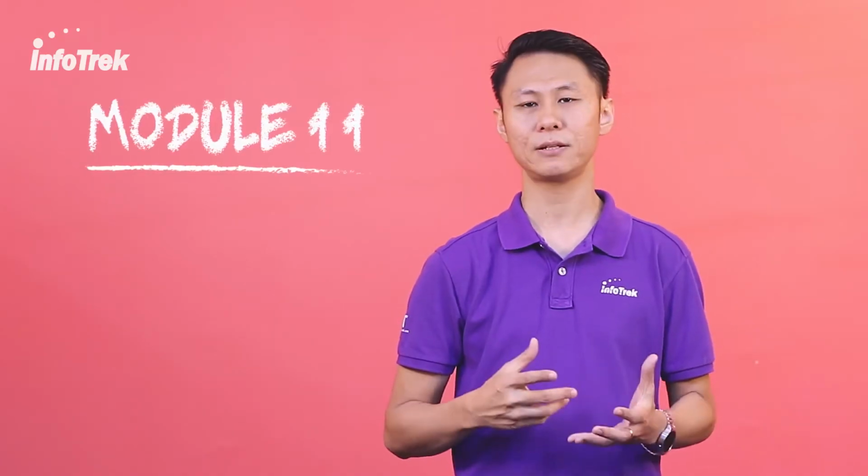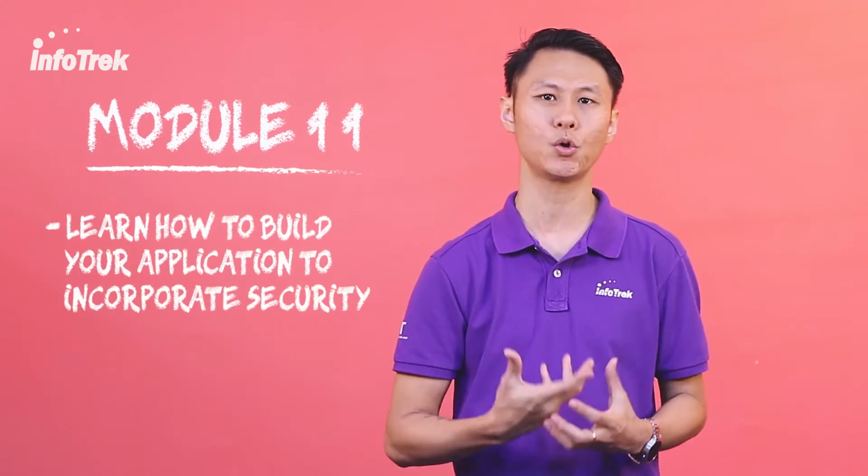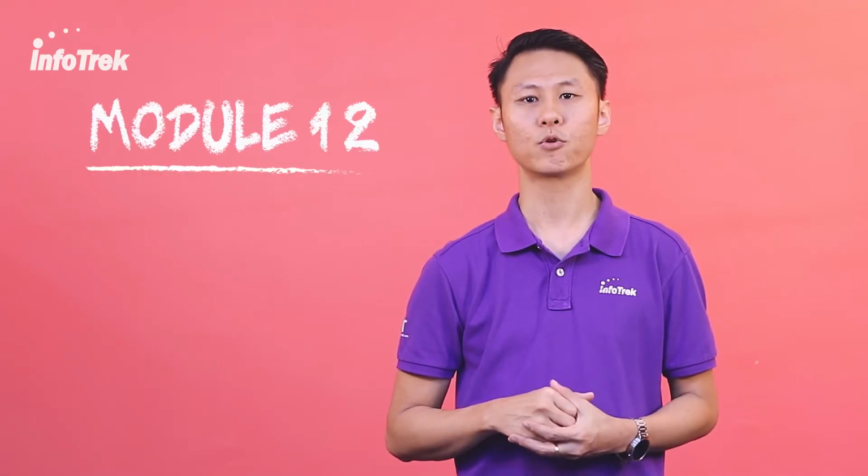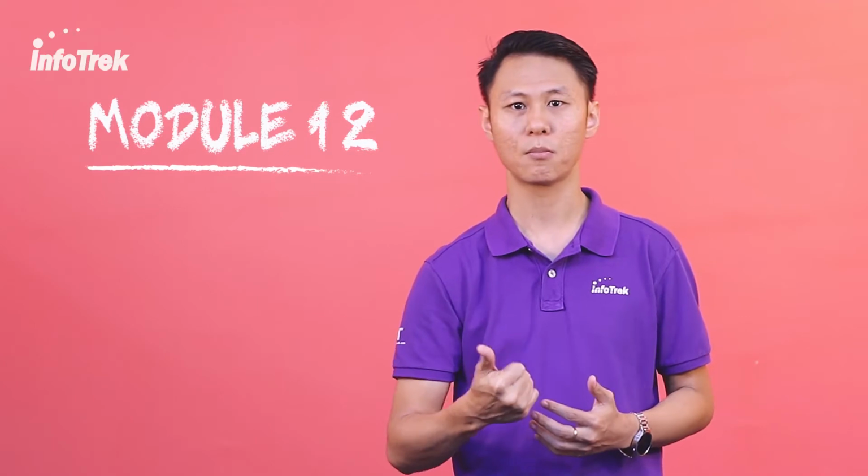In module 11, you'll learn how to build your applications to incorporate security, such as logging in and logging out features for your users. Module 11, controlling access to your ASP.NET MVC4 applications, shows you how to do that. And of course, the last two modules, module 12 and module 13.